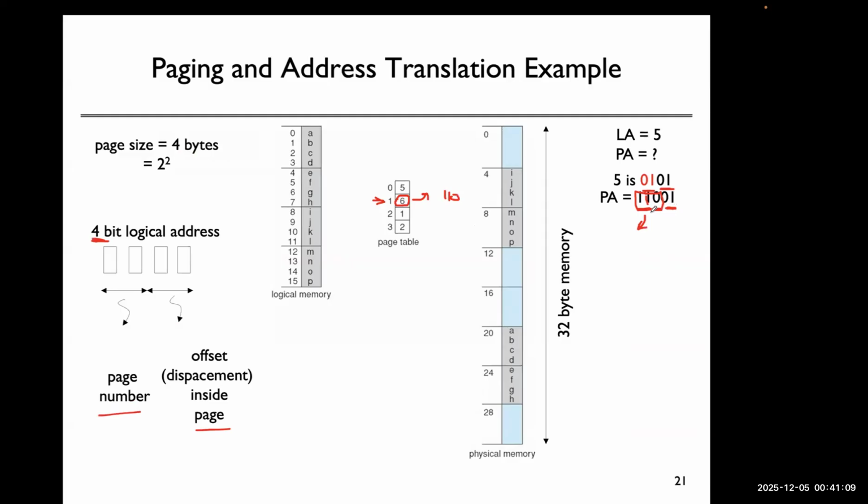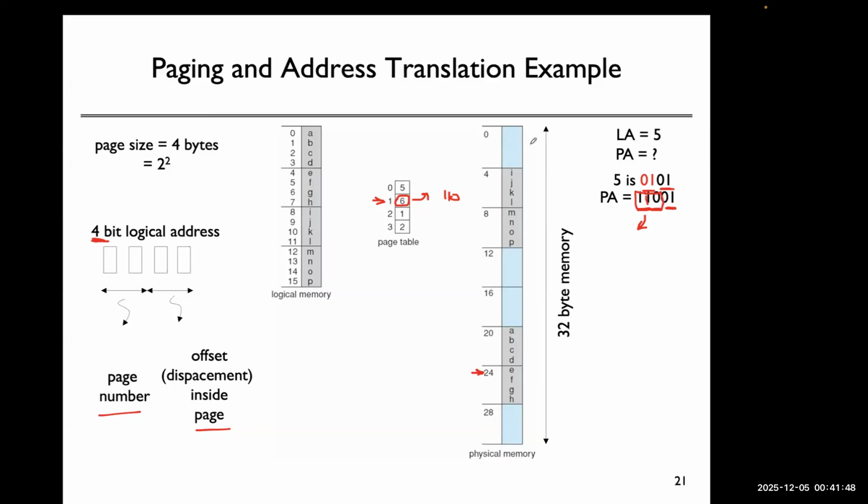So what was the address? 5, right? So you can convert it into the frames.